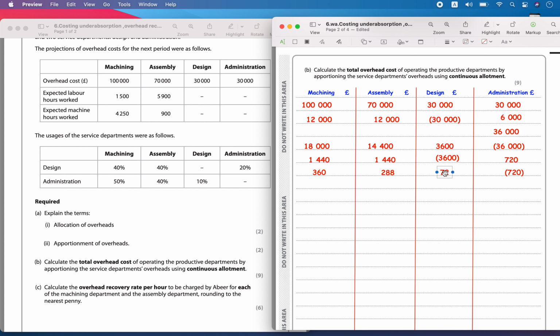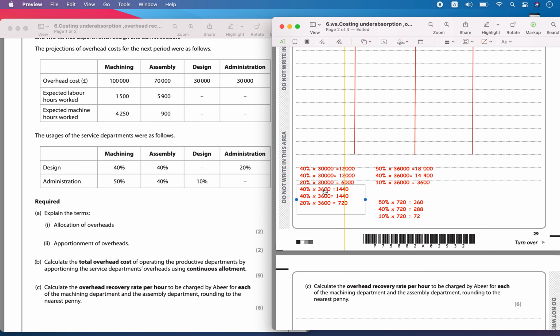Now this 72 has to be removed, and you have to do it in the design ratio. So let's go for one more of this.